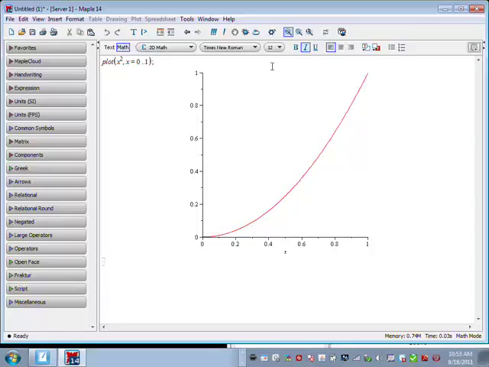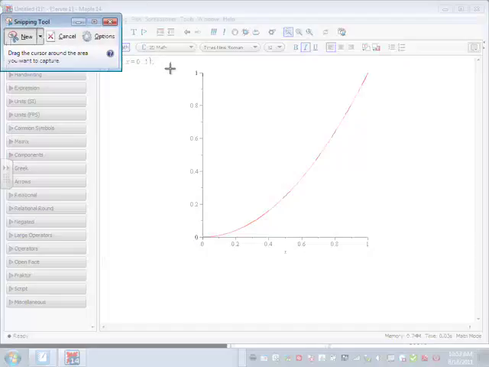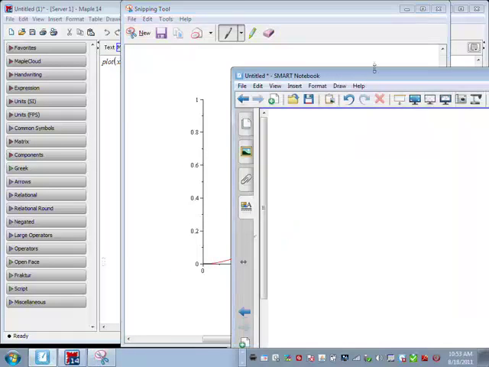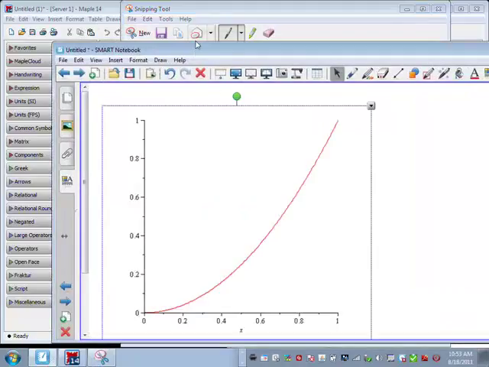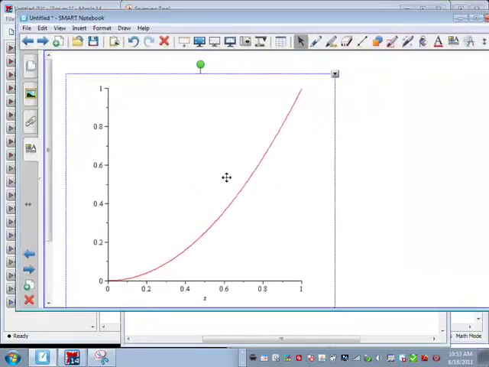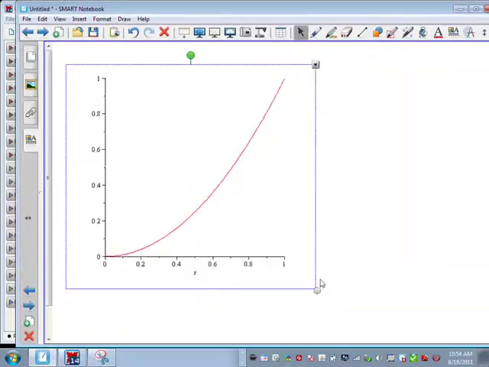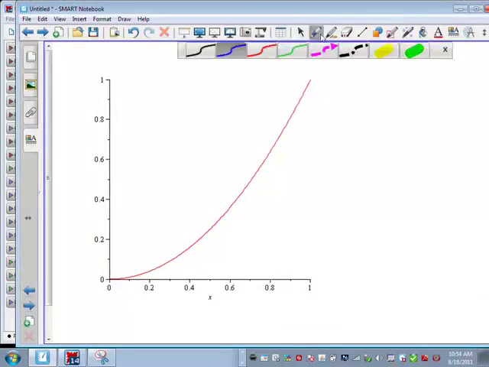So let me go ahead and take this. Let's go ahead and take these as rectangles, okay?